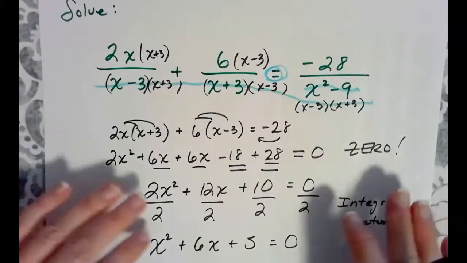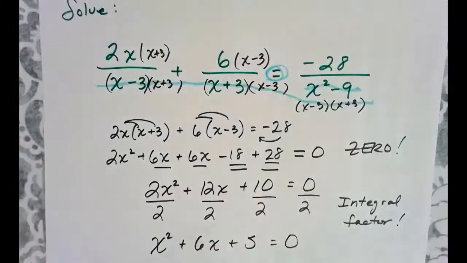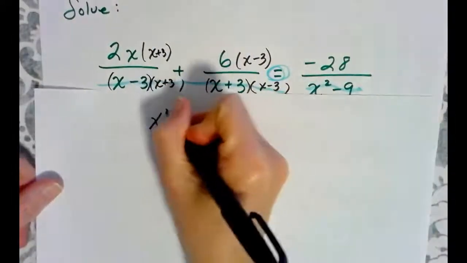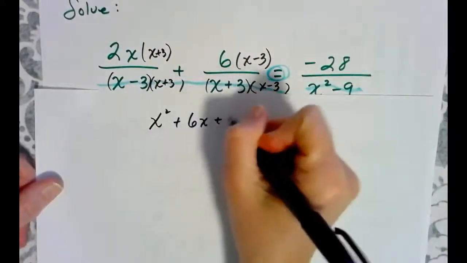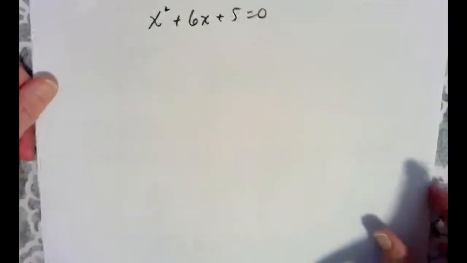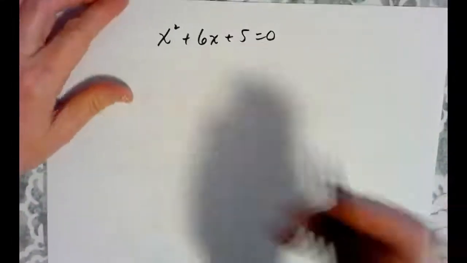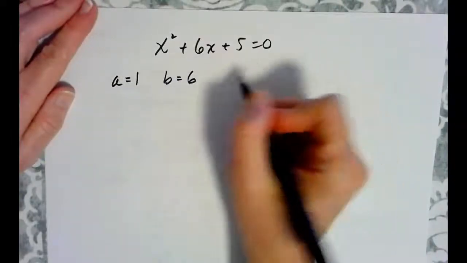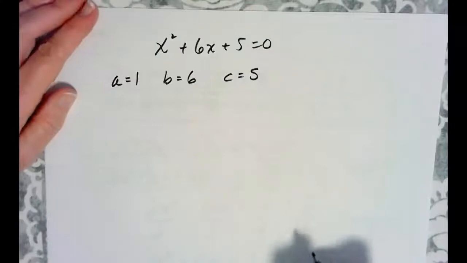So now let's solve this guy. And we're going to solve him using the quadratic formula. So let me rewrite it. x squared plus 6x plus 5 equals 0. Now that we've got it simplified, a equals 1, b equals 6, c equals 5.